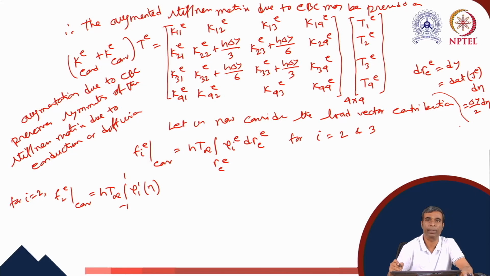This we have already discussed multiple times in the chapter on isoparametric formulation. So this is the determinant, delta y by 2 into d eta.